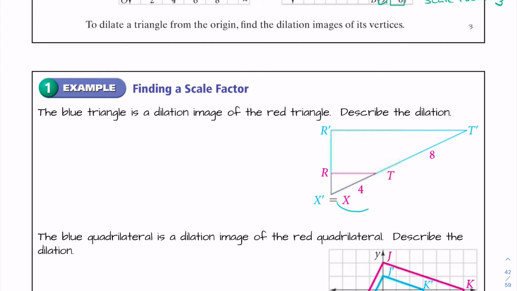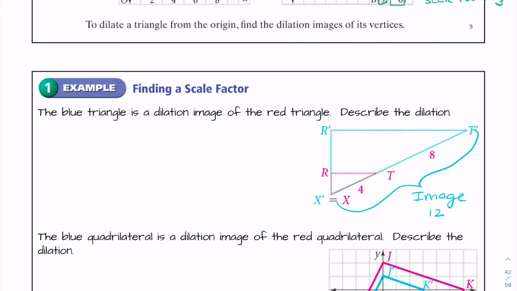This right here is the image, the whole thing. The image is 12 long because it's both 4 and 8, where the pre-image is only right there, it's 4. So be careful. The pre-image is 4.